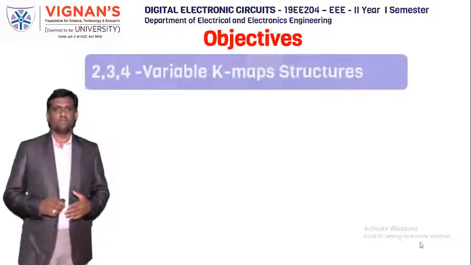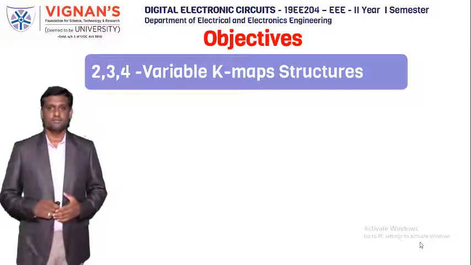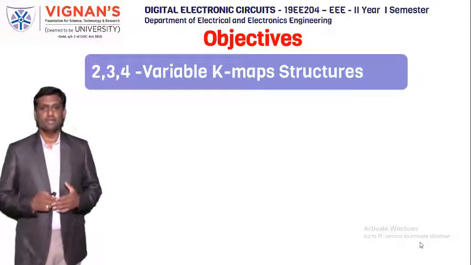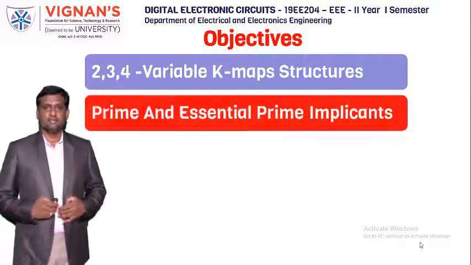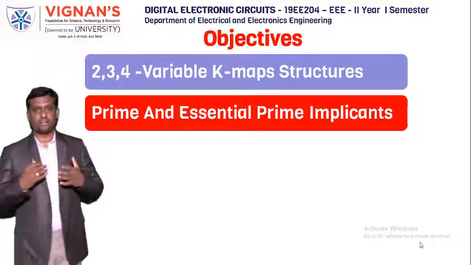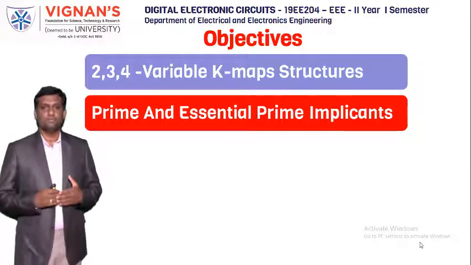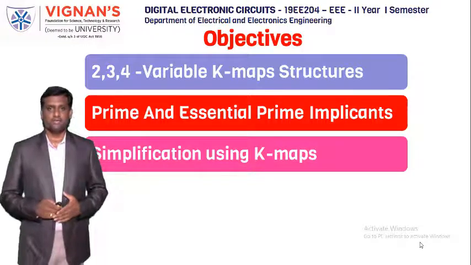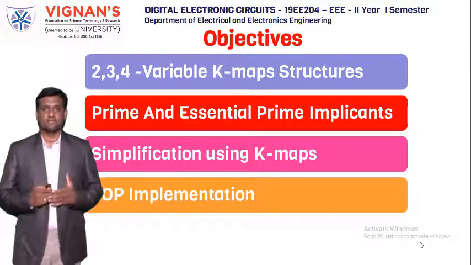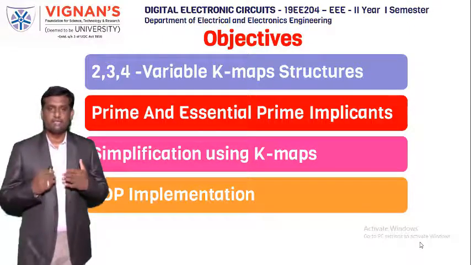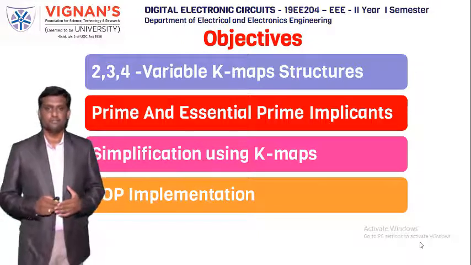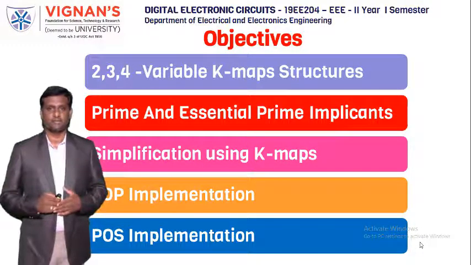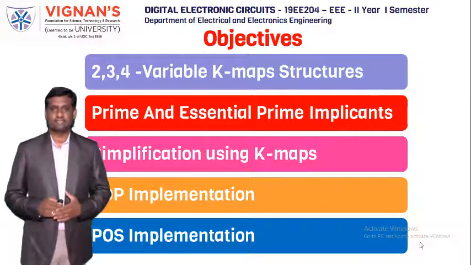The objective of this lecture is representation of Karnaugh maps having 2 variables, 3 variables and 4 variables, simplification of those Karnaugh maps and identification of prime and essential prime implicants, simplification of K-maps when the given Boolean expression is in the form of SOP, sum of product form, and simplification of the Boolean function if the given Boolean function is in the form of POS. So these are the objectives of this lecture.